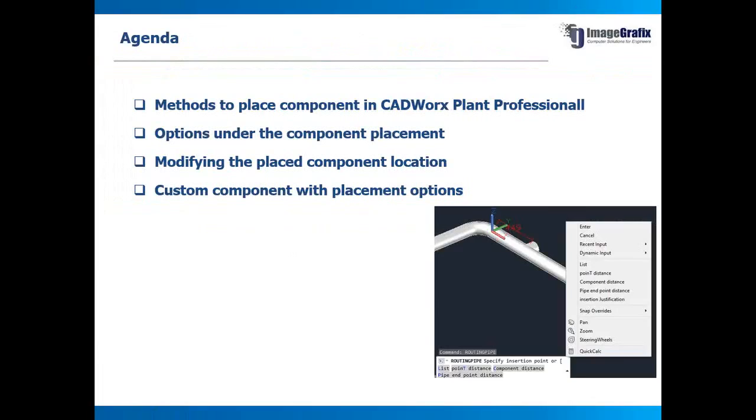Following that, modifying the placed component location: once the component is placed, how to change it to a different location by defining a distance. And following that, custom components: if you are making any custom component, how to place it with the options we have in the component placement methods.